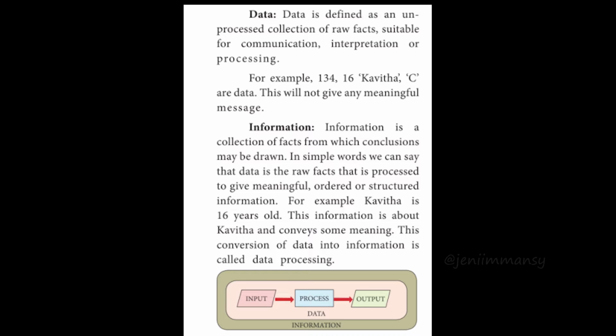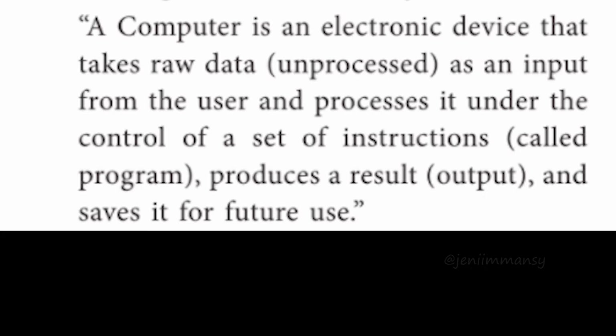So if simply a name or a detail is there, if simply a number or a grandmother, father, mother, like that, if a single word is there, we'll say it as data. And if there is a whole sentence, like she is her mother, like that, and if it gives full information or a meaning or collection of facts, from there we can know something, we'll say it as information. Okay, so this data and information is the next part, and the first one is generations of computer.